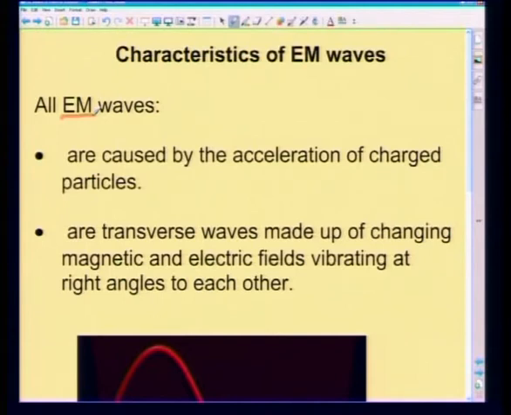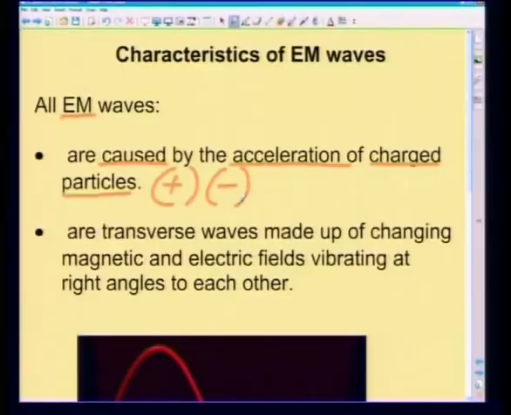All electromagnetic waves are caused by the acceleration of charged particles. Now, this is very important. Charged particles, remember, we can have a plus charge, we can have a minus charge. So these particles need to be charged to be able to cause electromagnetic radiation or waves.